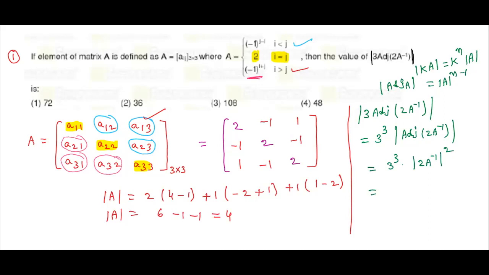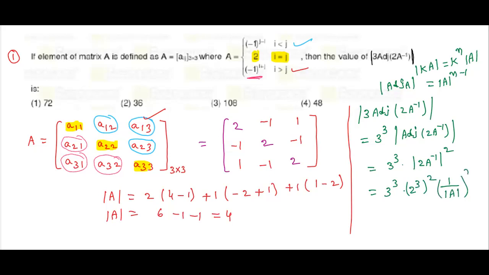Now det of 2A, that means we get 2 cube, and whole square is there. Now we can write det A inverse, that is 1 by det A, and whole square is there.